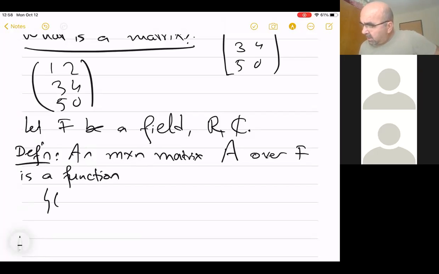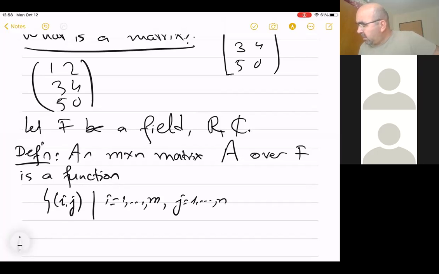You take the set of all these numbers ij, such that these are natural numbers, i is from 1 through m, and j is from 1 through n. From this set into the field. So it's a function.